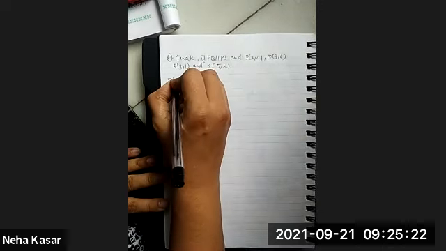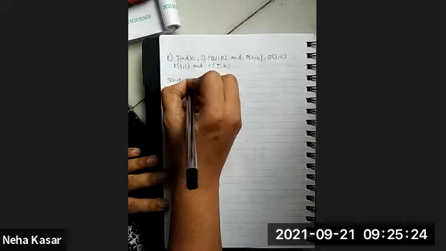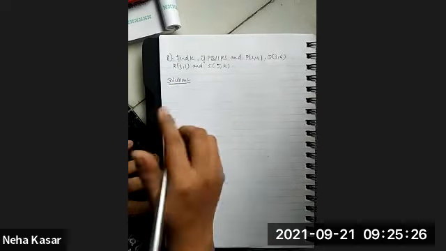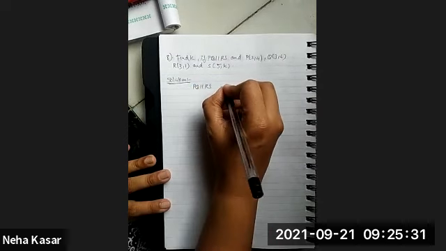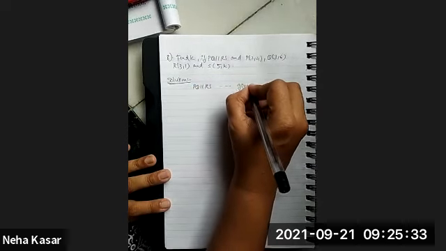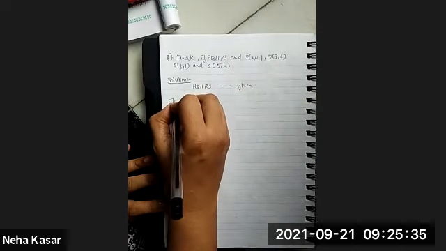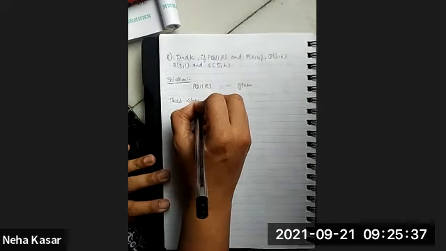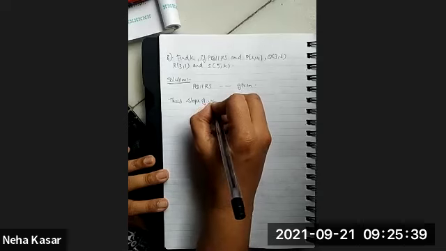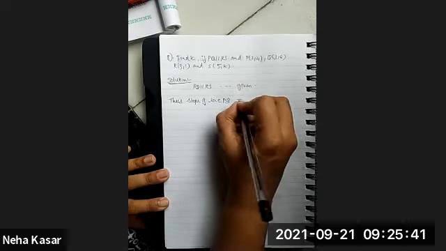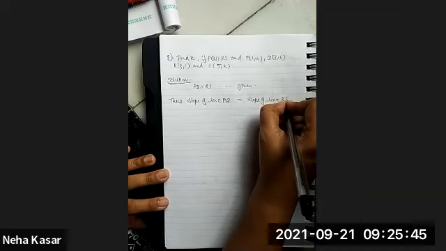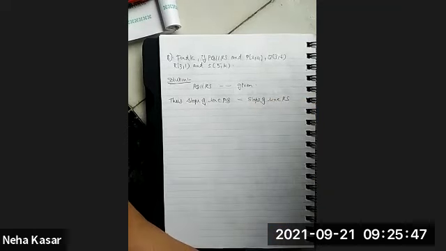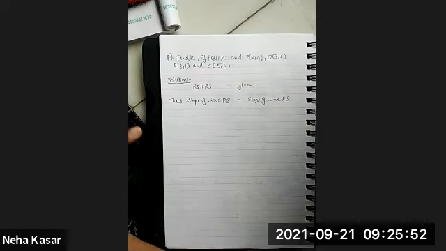So solution: PQ parallel RS, that is given, so slope of line PQ is equal to slope of line RS, because the lines are parallel.